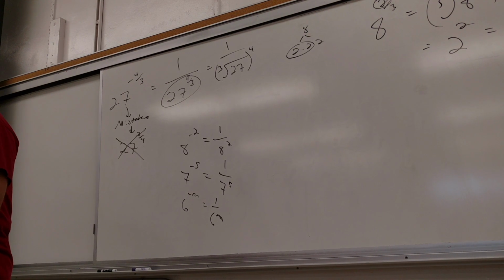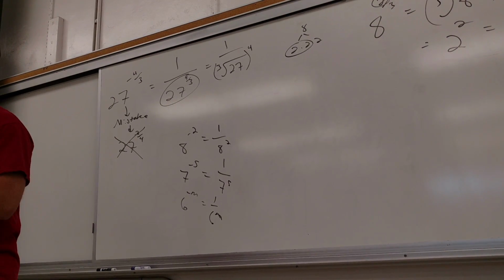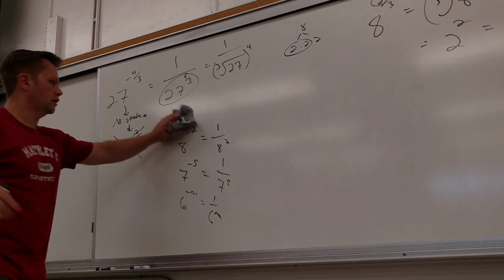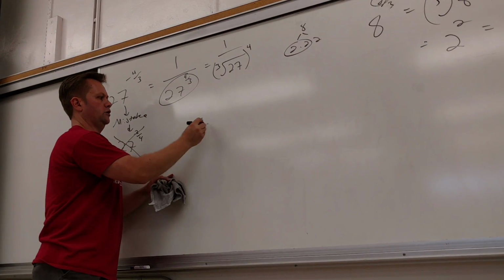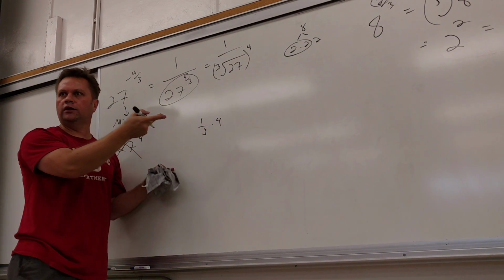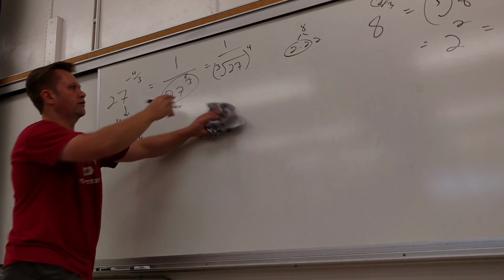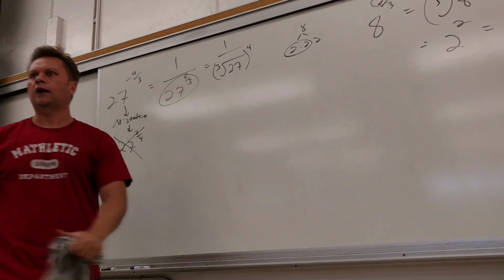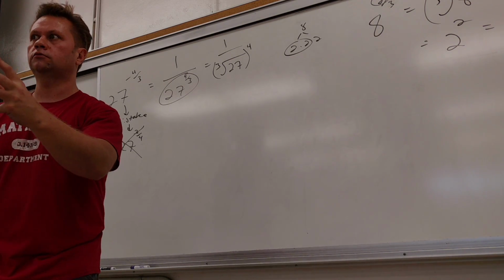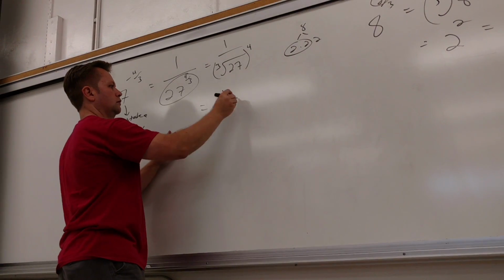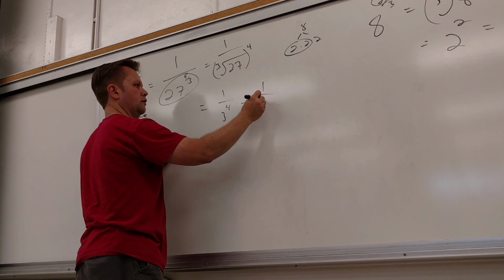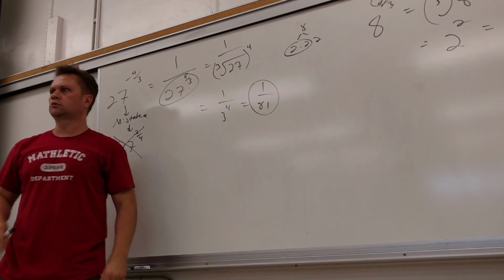The cube root is the 1/3, and the 4th power is the times 4. Who cares which order I do it in? They're both 4/3. So that's why I can have the 4 on the inside or the outside. I put it on the outside when I have an actual number, so I get less to do. Right? What is the cube root of 27? 3. What's 3 to the 4th? 81. Sweet.